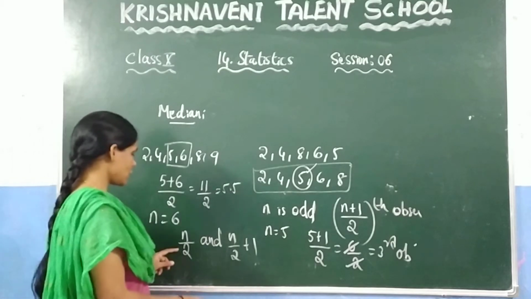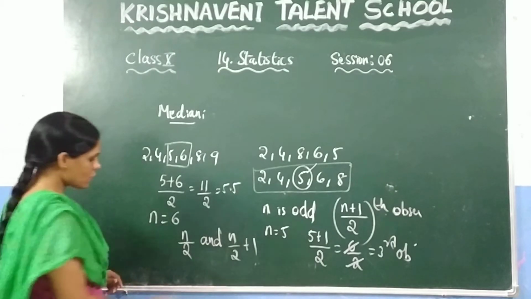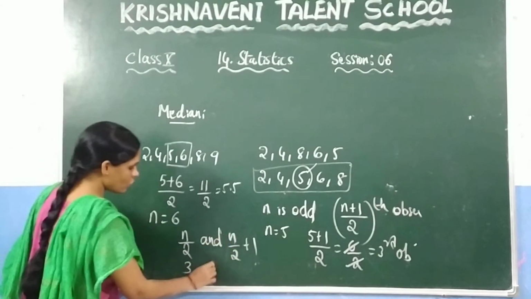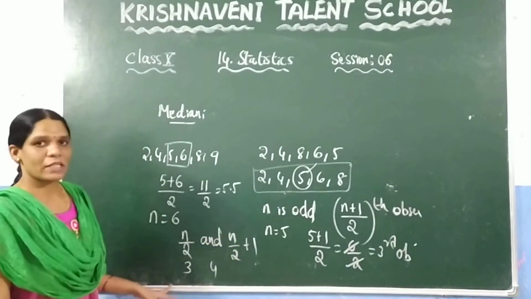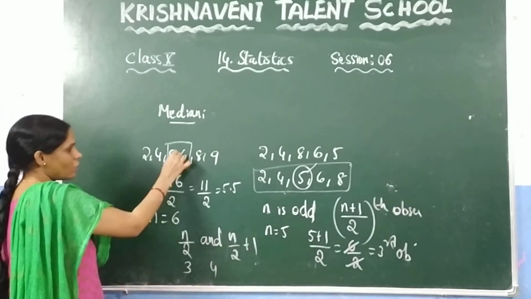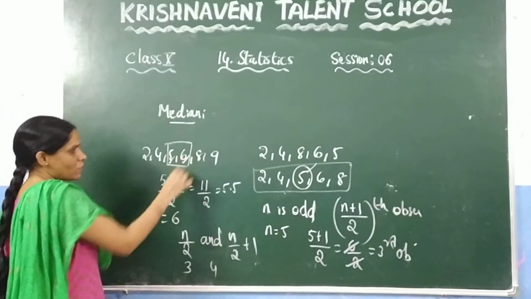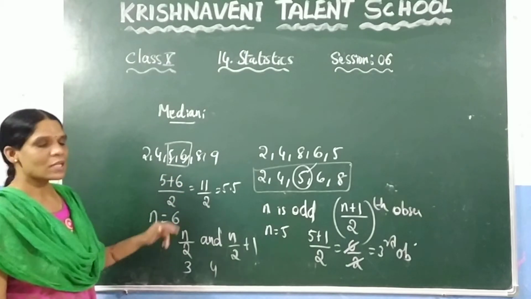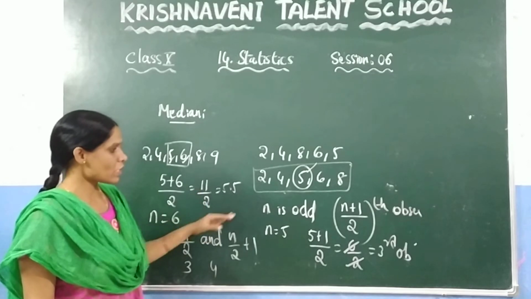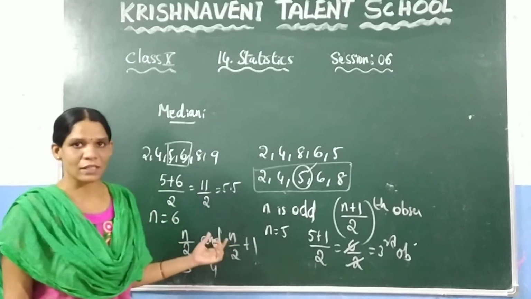Substitute 6, you will get 6 by 2, which gives you 3. And 6 by 2 plus 1 gives you 4. So you need to take the average of the third and the fourth observation. What is the third observation? 5. And what is the fourth observation? 6. That means you need to take the average of these two values. Directly you can follow this, or otherwise by using this formula you can calculate the median.